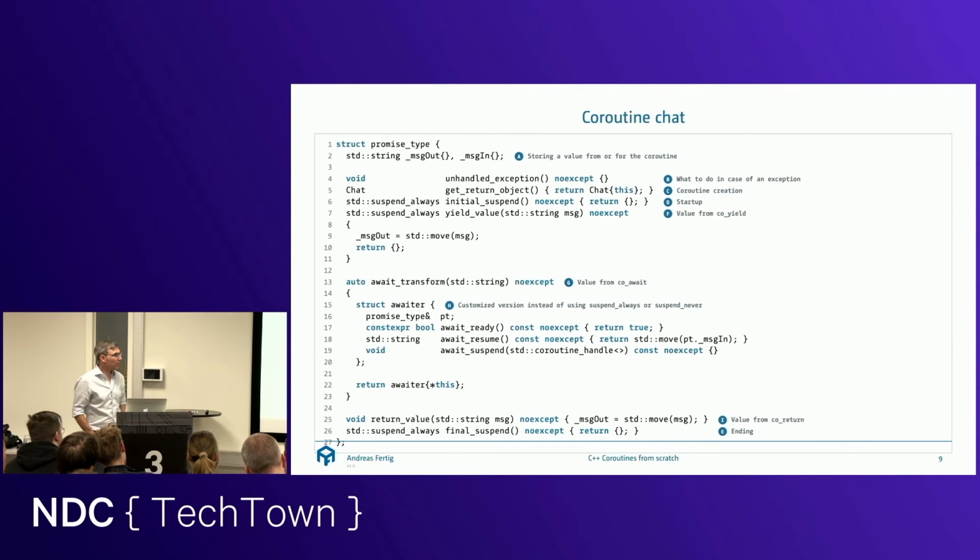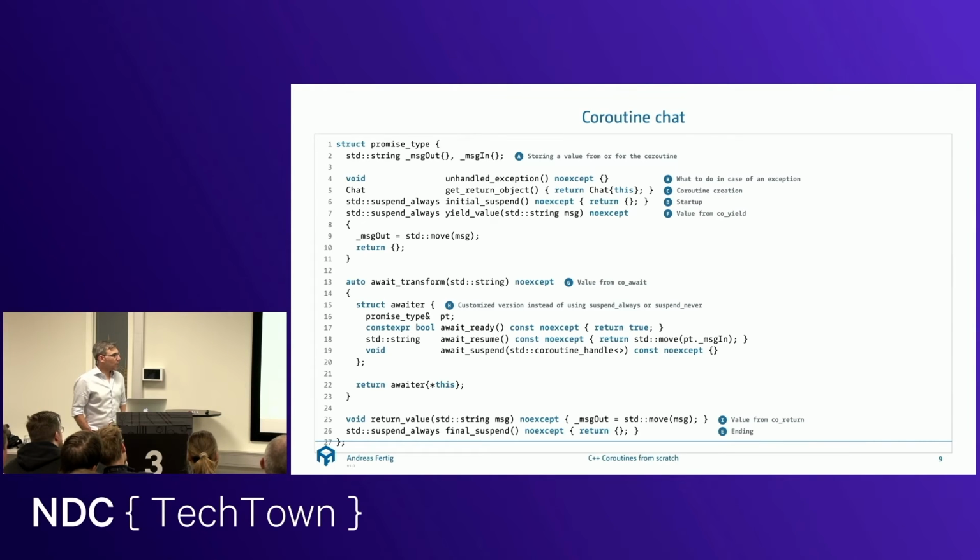So that implementation here is empty, and I'm storing a reference to my promise type here to be able to move the msg_in out in my await_resume call. And then in line 22 here, I return a freshly constructed awaiter object passing a reference to this basically.